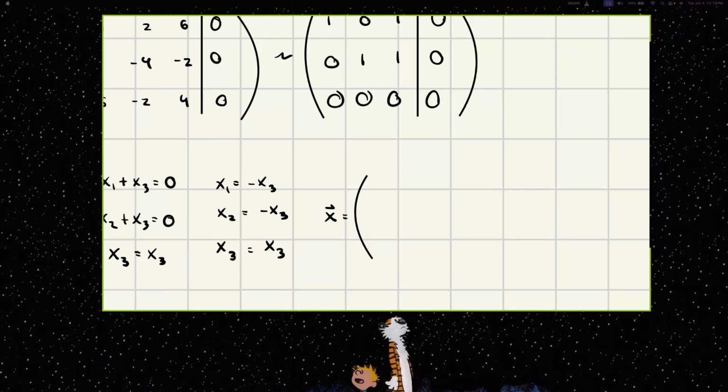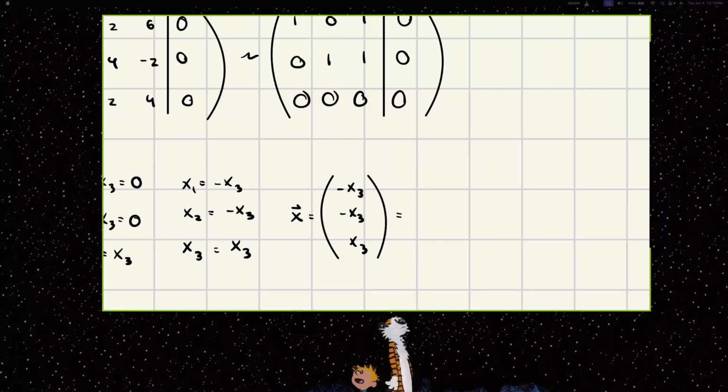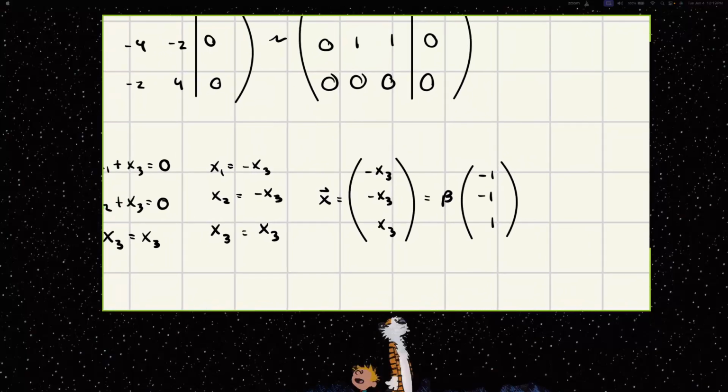So x1 is negative x3, x2 is negative x3, and then x3 is x3. And then again, I want to pull out some scalar multiple, so I'm going to call it beta this time. And when we pull it out, we'll get negative 1, negative 1 and 1.